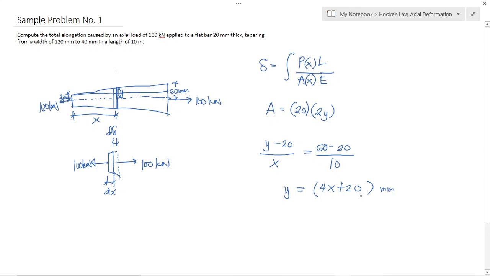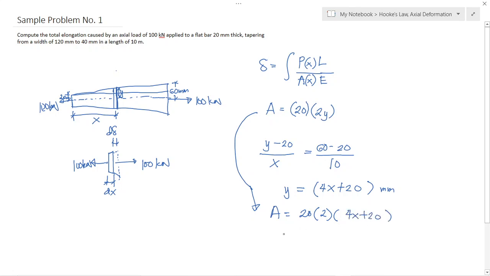Y in millimeter. So, now since we already have the relationship of y and x, we can replace this by 4x plus 20. So, we will have the area equal to 20 multiplied by 2 by 4x plus 20.